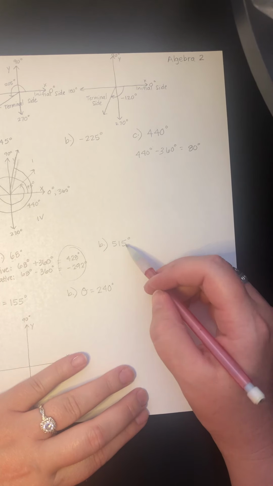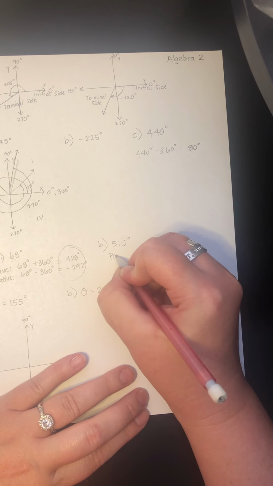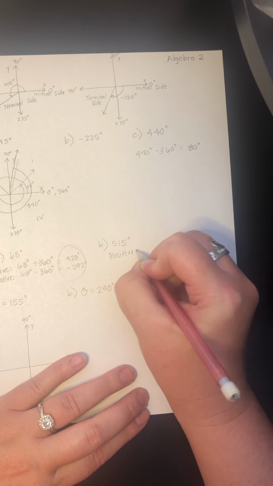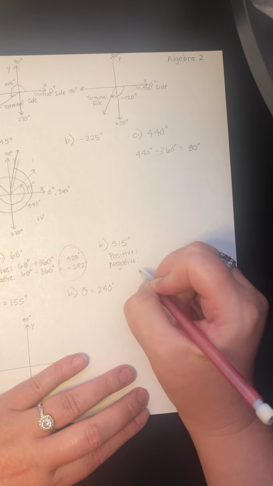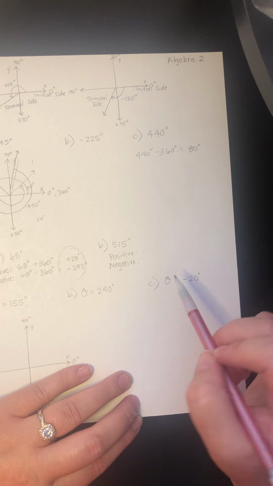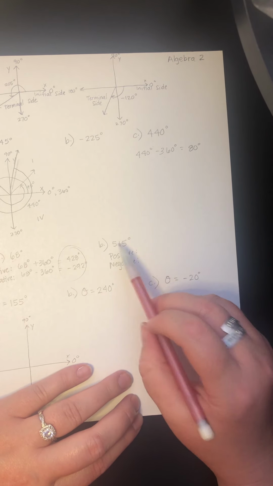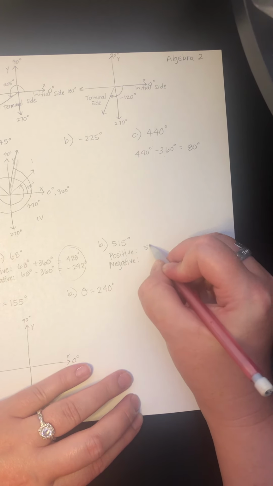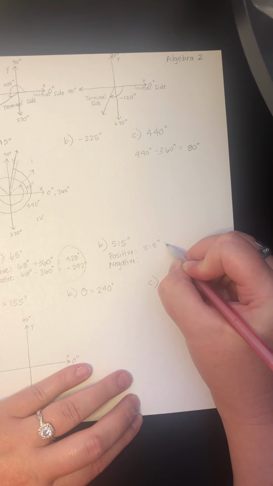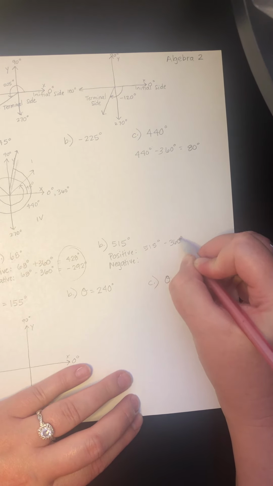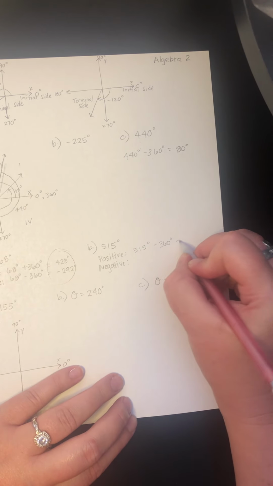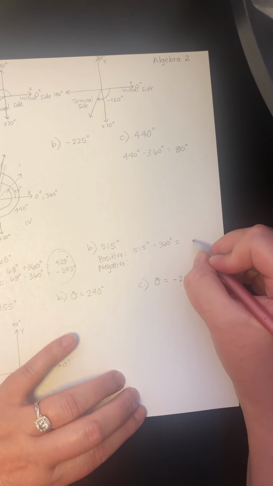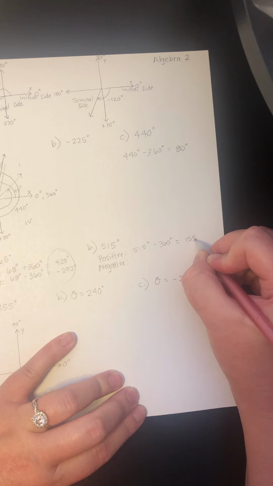Now for 515 degrees, we want a positive coterminal angle and a negative coterminal angle. To find the positive, this is already positive. So if we subtract 360 from here, we'll still have a positive angle, because 515 is greater than 360. Our answer, 515 minus 360, is 155 degrees.